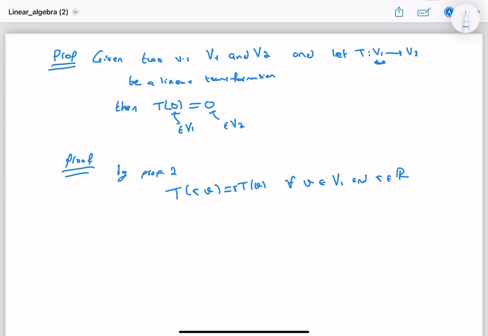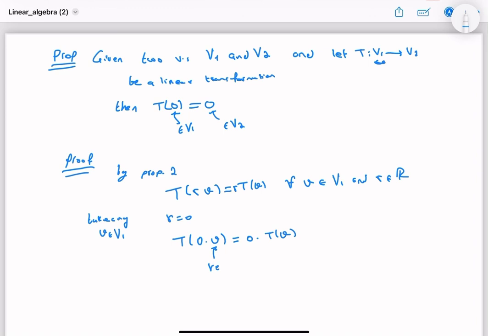Now, here's a trick. Let's take r to be 0. So take any V in V1, and take r to be 0. What do we have? We have T of 0 dot V is equal to 0 dot T of V. Now I just want you to be careful here.